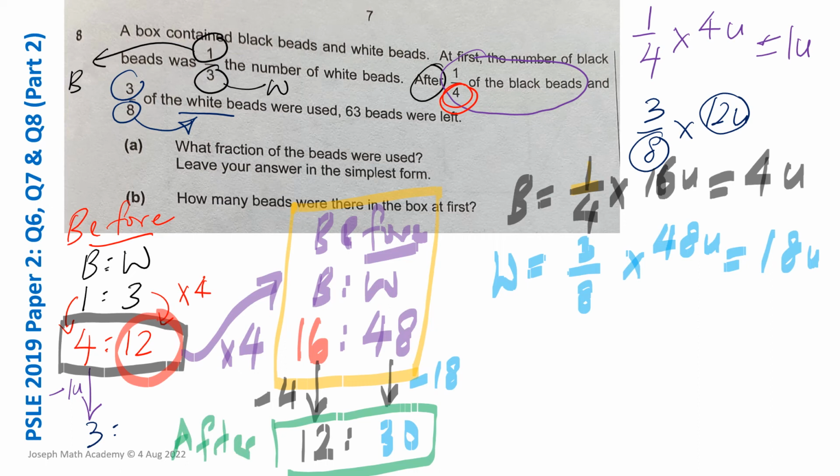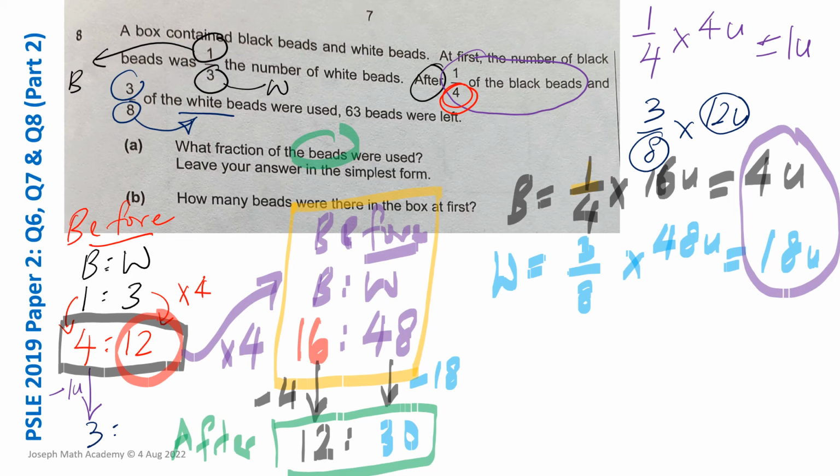Okay, let's look at question A. What fraction of the beads were used? Beads in this case is referring to black and white. Looking at these two information here, these are the used beads.